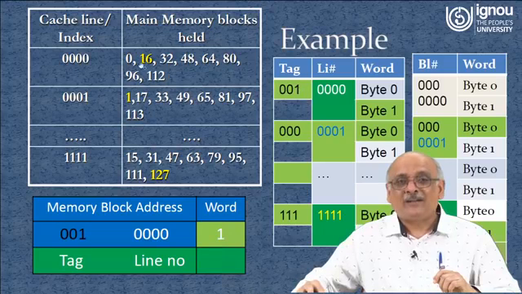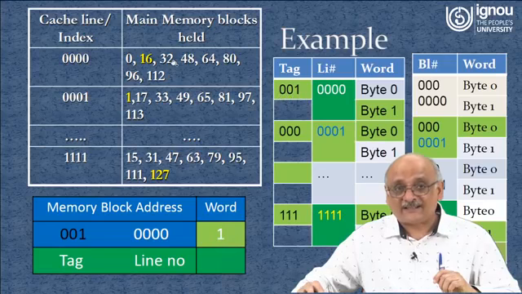If it is 0, then it is 0. If it is 1, it is 16th. If it is 010, it is 32nd location of the memory. If it is 011, it is 48th location. And if it is 111, then it is 112th. Alright. So the 112th memory location actually is going to be stored in this particular location.